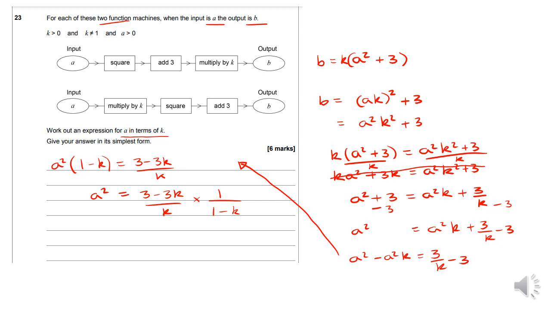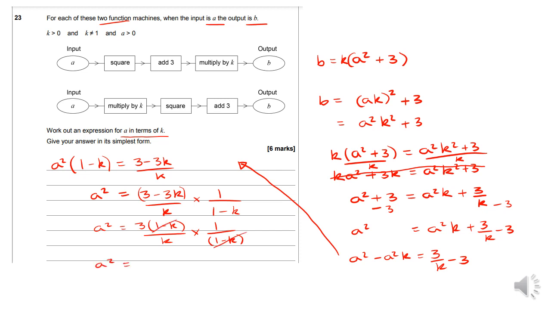And the reason I think that's quite useful is because if you think about this numerator of the first fraction, it factorizes. So a squared is actually equal to 3 lots of 1 minus k all over k times by 1 over 1 minus k.